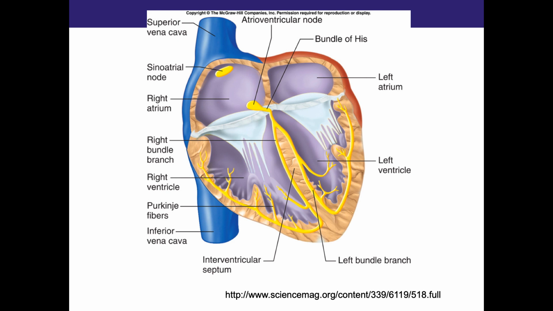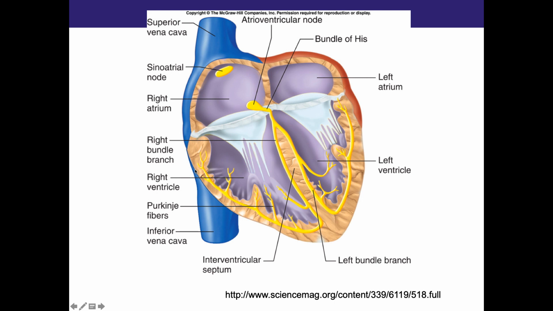All right, so because there's not as many gap junctions in the AV node, the electrical signal slows down quite a bit. That allows enough time for the atria to completely contract before the electrical signal sweeps through the ventricles.